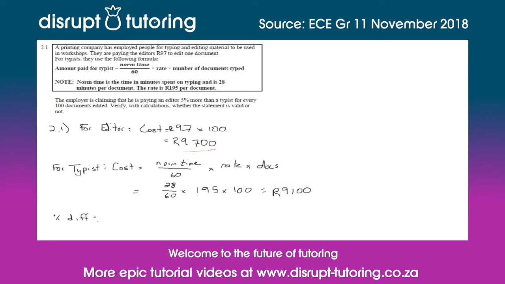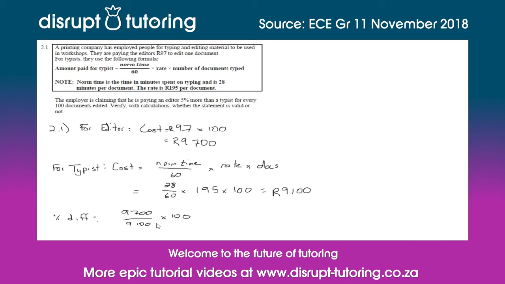Because this is higher than that, we expect it to be more than 100%. And then to find out how much it increased by, we subtract 100%. So that's going to be this 9,700 Rand divided by the 9,100. Then you still need to multiply by 100 to get it into a percentage.